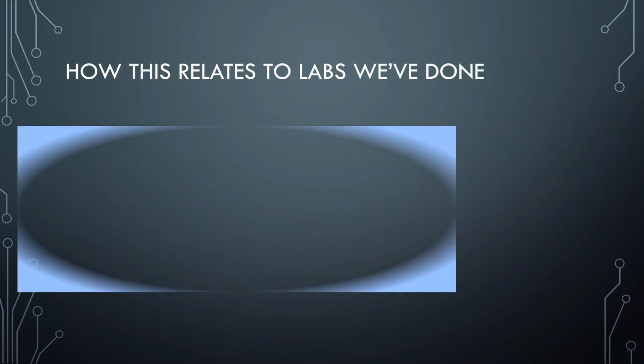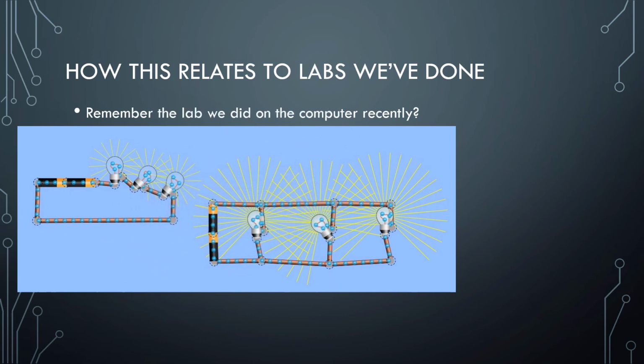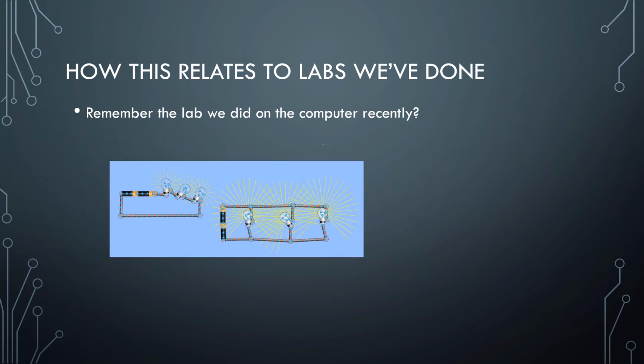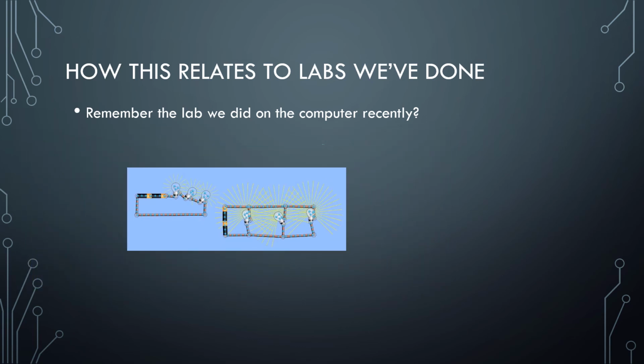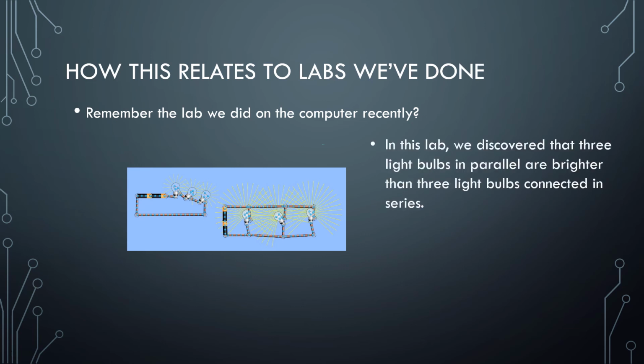So this relates to several of those labs we've done recently, like this one we did on the computer with the light bulbs and the batteries. With that lab, we found that connecting 3 light bulbs in parallel turned out to make them brighter in parallel than they were in series.